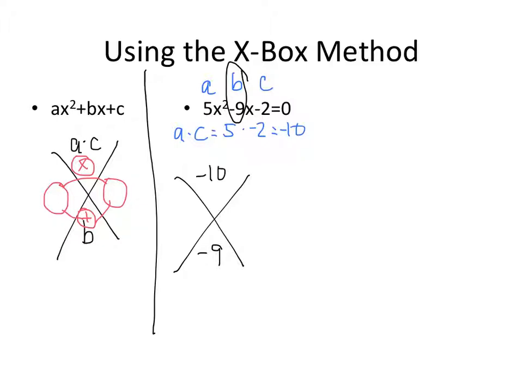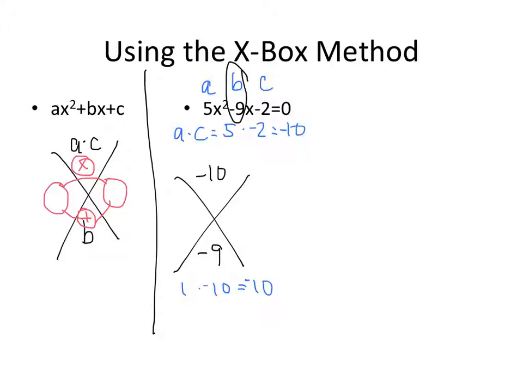Now I need two numbers that multiply to be negative 10 and add up to be negative 9. I know that 1 times 10 is 10, and if I want a negative 10, one of these has to be negative. If I make it a negative 1, when I add it together, I'll get positive 9.